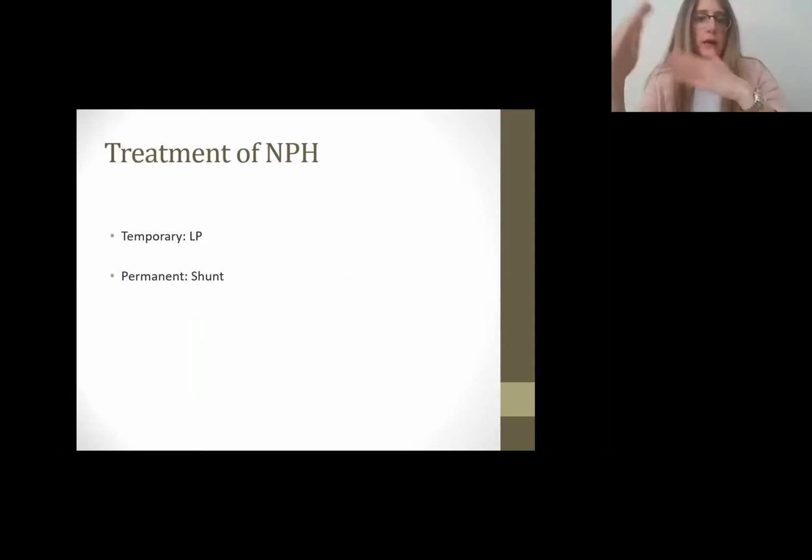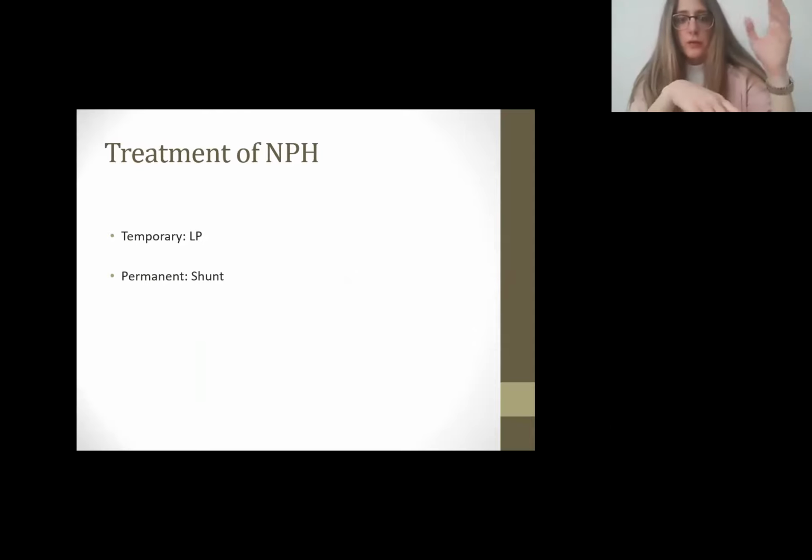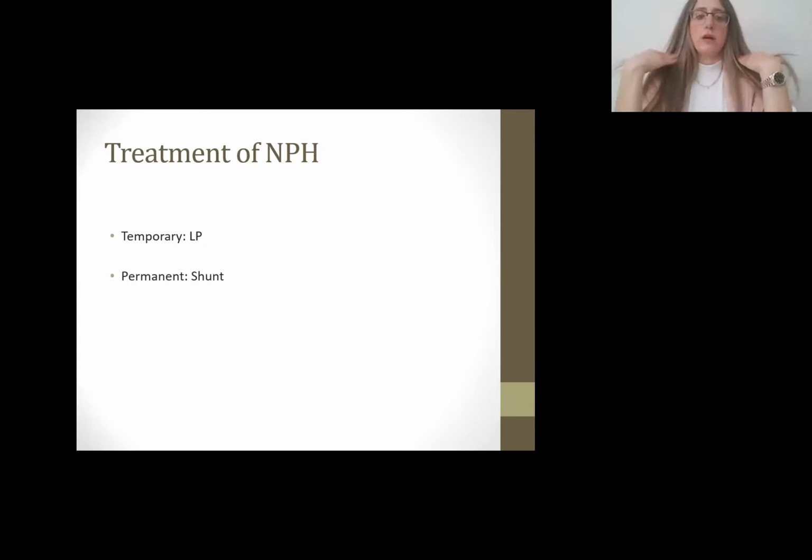You should have a working diagnosis of NPH in the hospital setting, or in examination settings. Of course, I would like to annotate that the permanent treatment for it is definitely the shunt, so a ventriculoperitoneal shunt.